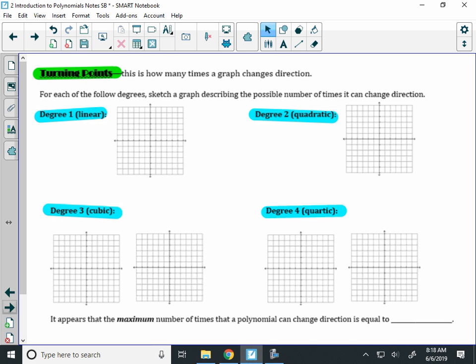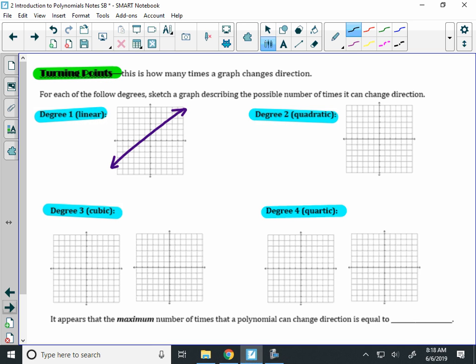The degree also tells us a little bit about the number of turning points that a graph has. So if I have a polynomial of degree 1, that's a line. So I'm just going to sketch a line here. You can do the same. There's my line. It doesn't look like that turns at all.